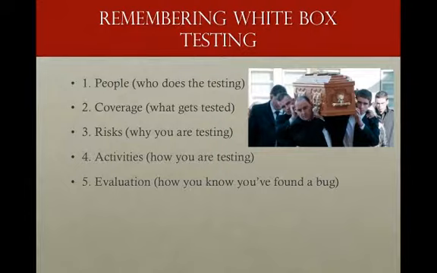And number 2, coverage. What exactly gets tested as we try to check our code? And so on and so forth. So we ask these questions. Why are you testing? How are you testing? How do you know you found a bug?